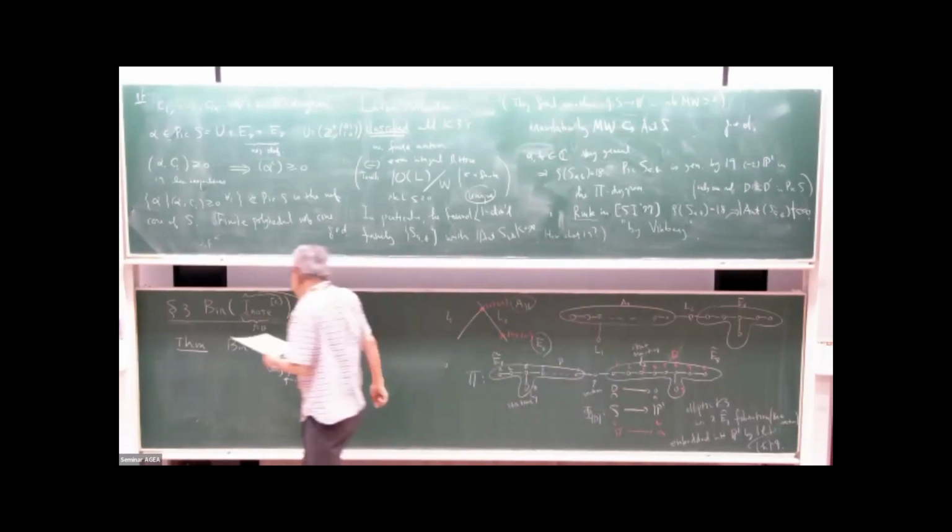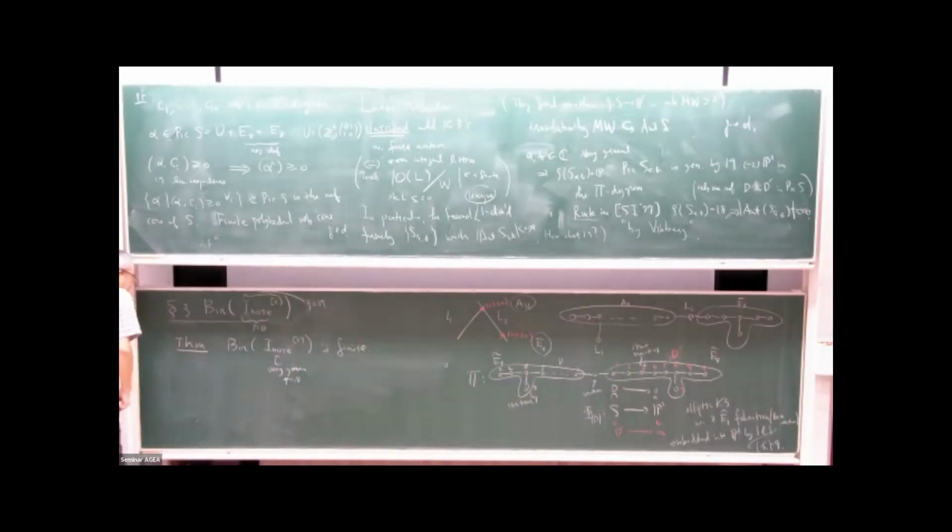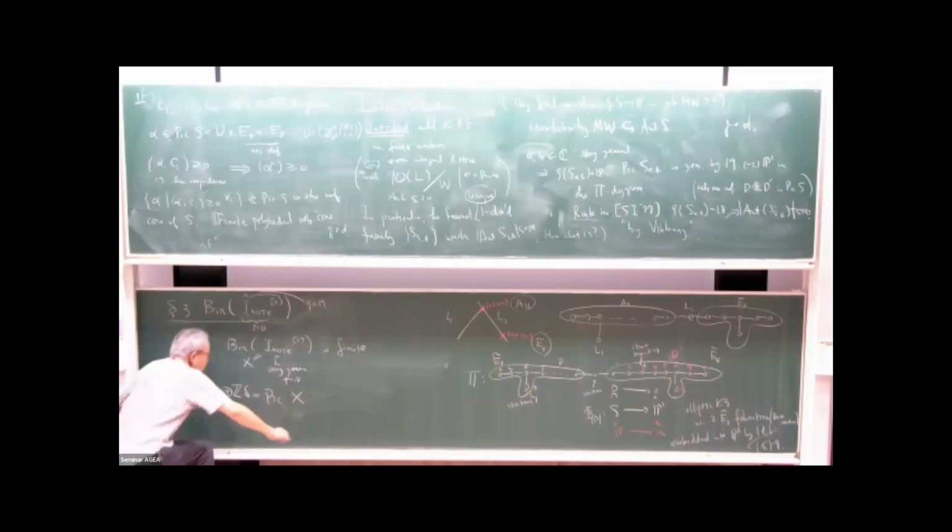Of course, let me denote this X, and so Pic X, as I wrote many times, is Pic of Inose plus Z delta, with delta squared equal to -2. We get a new class delta with square -2 with divisibility 2.